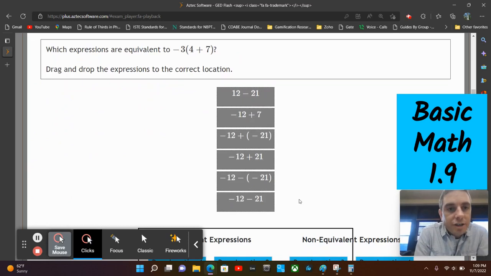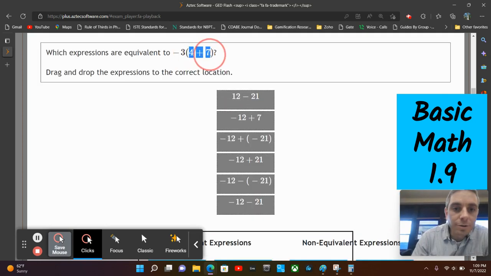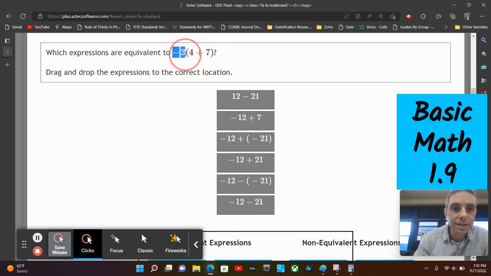Which expressions are equivalent to -3 times (4 plus 7)? Drag and drop the expressions to the correct location. So 4 plus 7, and think order of operations: do your grouping symbols or parentheses first. 4 plus 7 is 11, and 11 times -3 is -33.